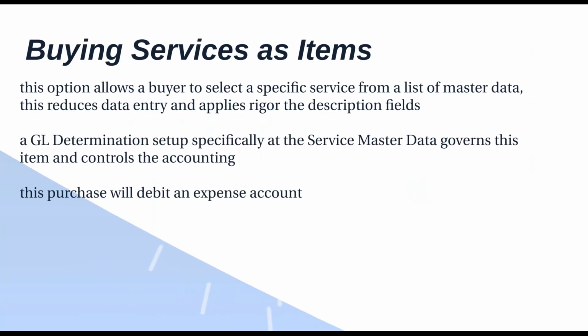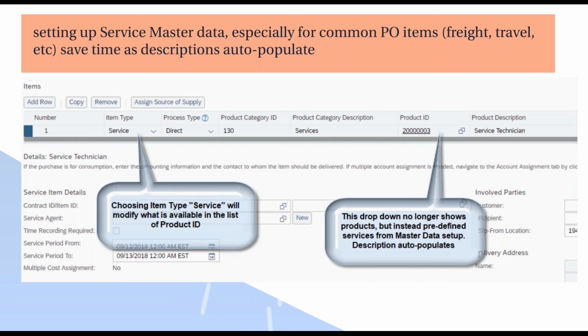And then, of course, you could also set up specific items that are services, not necessarily as materials, and this will debit the expense account. So this is a little bit more robust than doing just the product category for the service. We've, in this case, set up a specific product called Service Technician. So by choosing the item type as service, this is going to limit what comes up in my product IDs.